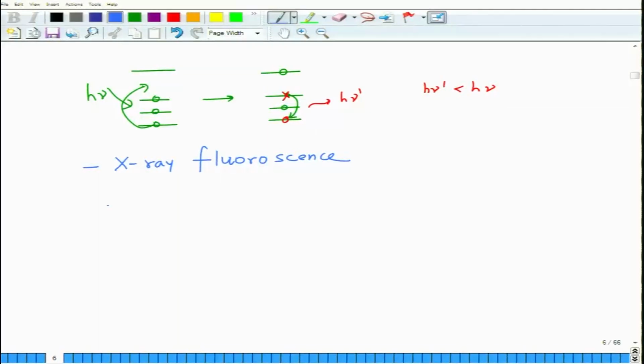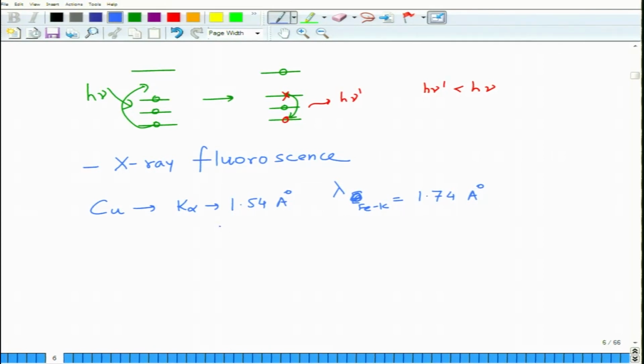Okay. So for example, in case of copper, the K alpha wavelength is 1.54 angstrom, and for iron, FeK is nearly 1.74 angstrom.